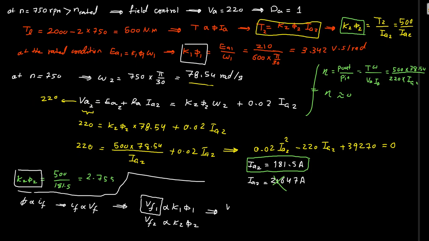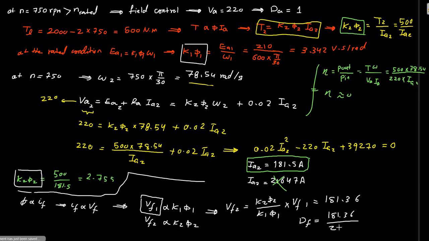So here VF2 will equal to K2 phi 2 over K1 phi 1 multiplied by the rated field. If we do the math, this will equal 181.36. Now we can calculate dF with no time, which will equal 181.36 over 220, and this will equal to 0.82.